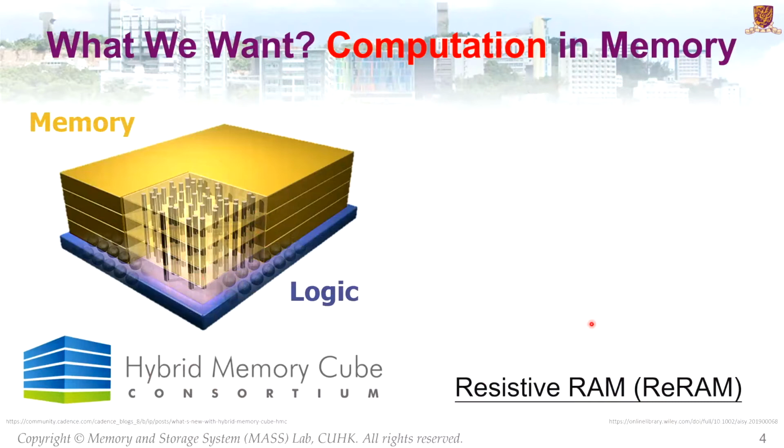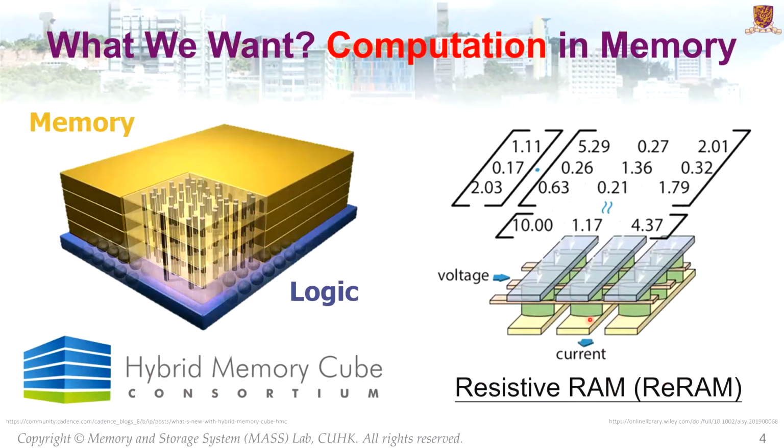Another example I want to share with you is the resistive RAM, or ReRAM. With ReRAM technology and some well-designed innovative peripheral circuitry, they can actually do vector matrix multiplication inside the ReRAM.